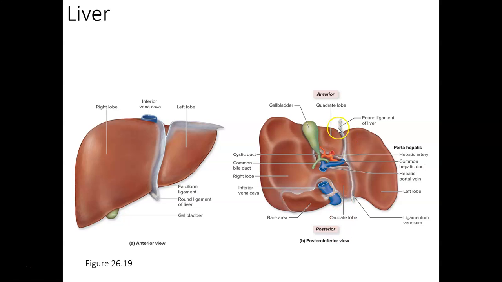So there's one on the anterior side called quadrate lobe, and another one on the posterior side called caudate lobe. You can see the position of the gallbladder is towards the anterior. You can already see that poking out right from behind the liver, and that's what gallbladder looks like from anterior view.